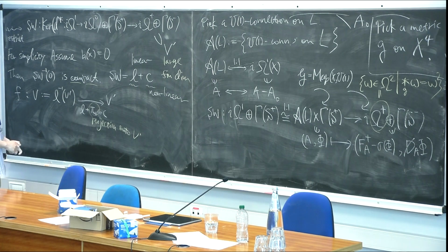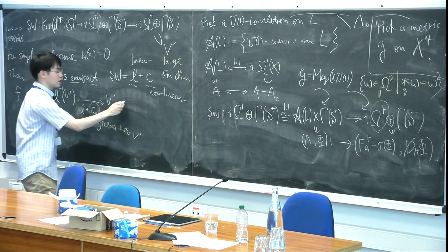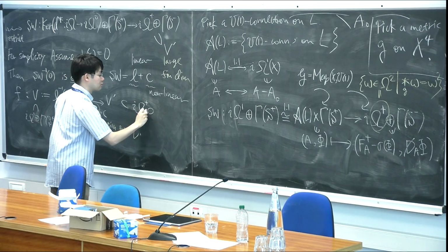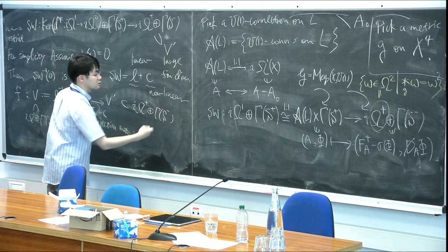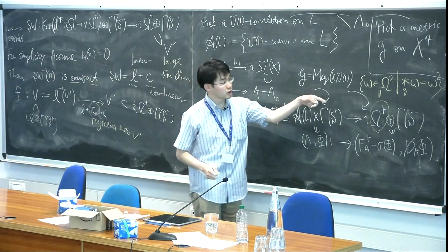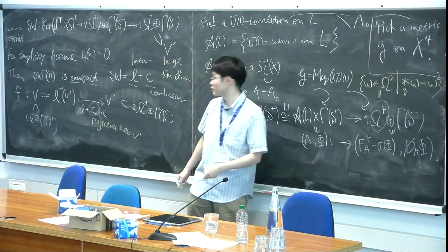Okay? So now let's come back to this picture. So this V is inside of i Omega 1 plus positive spinors, and this codomain was inside of i Omega plus negative spinors. And the circle action was inherited from this mysterious action called the gauge group action.